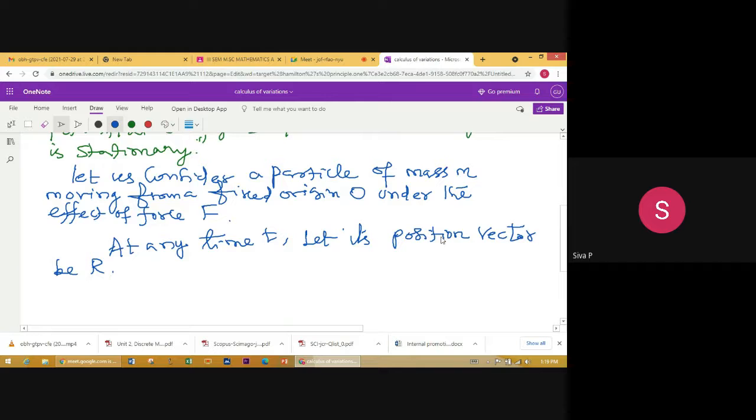What are the coordinates of the position vector?